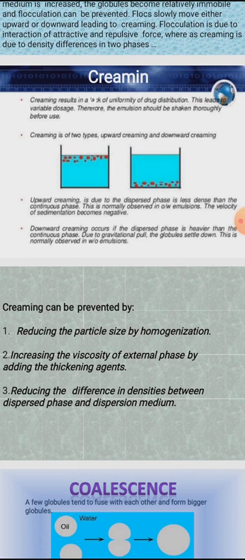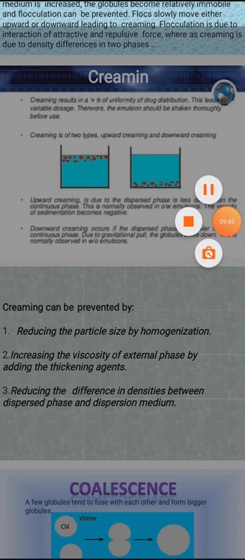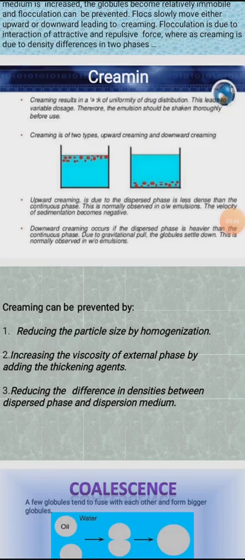This is normally seen in W/O type of emulsion. Since the creaming process involves the movement of globules in an emulsion, in the suspension chapter and micromeritics chapter you have already seen Stokes law. So in this case, Stokes law can be applied. Now, some reasons are there because of which creaming is influenced.